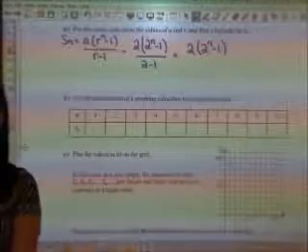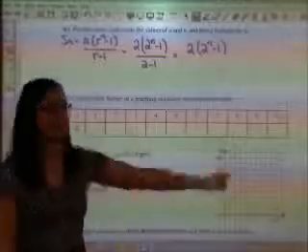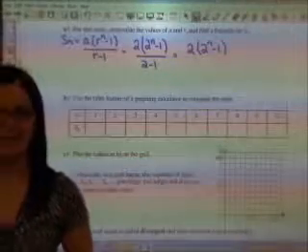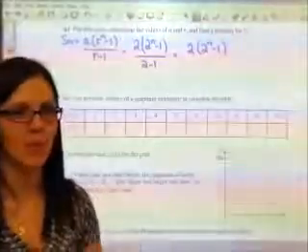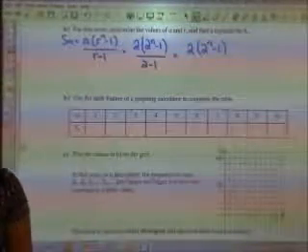Put that equation into your calculator for y1, and let's do the table feature again to find those values. Rather than having to type it over and over again, it just makes it go faster.